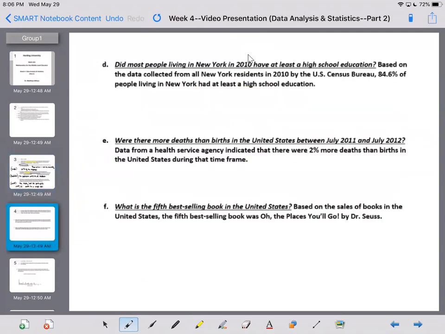Part D, did most people living in New York in 2010 have at least a high school education? So based on the data collected from all New York residents. So when we read that, that's a good indication that we are dealing with a population, because the census looks at all the people.